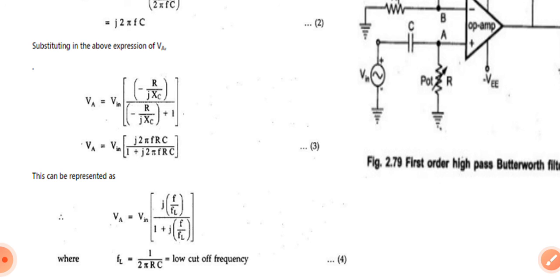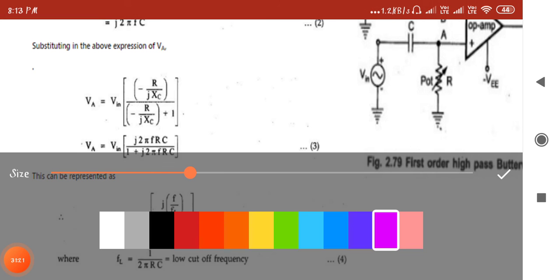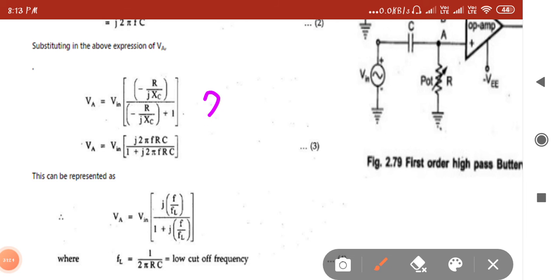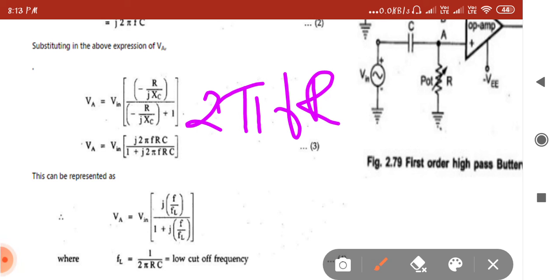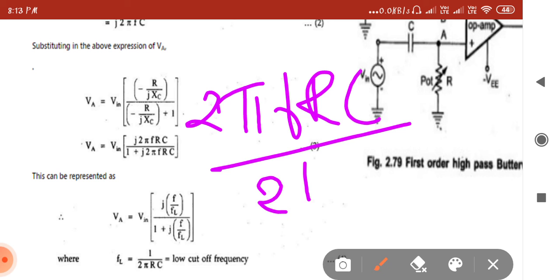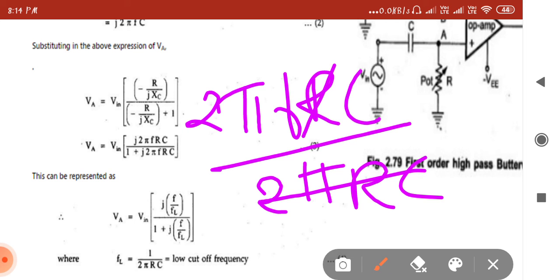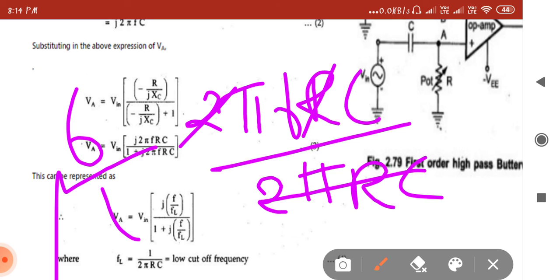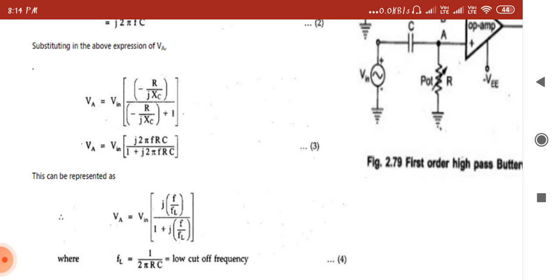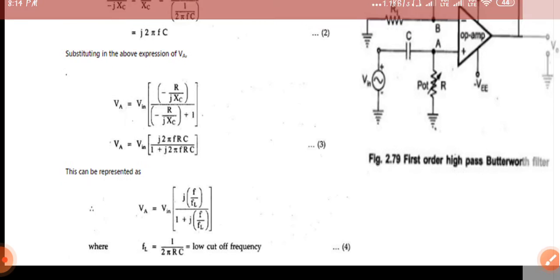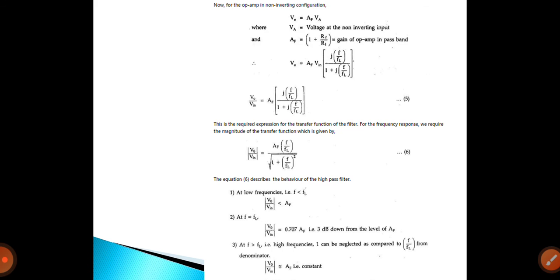Yes, FL equals to 1 divided by 2 pi RC. 2 pi F RC divided by FL equals to 2 pi RC. Right. This 2 pi RC and this 2 pi RC get cancelled. It is F divided by FL. Low cutoff frequency. That is a low cutoff frequency.